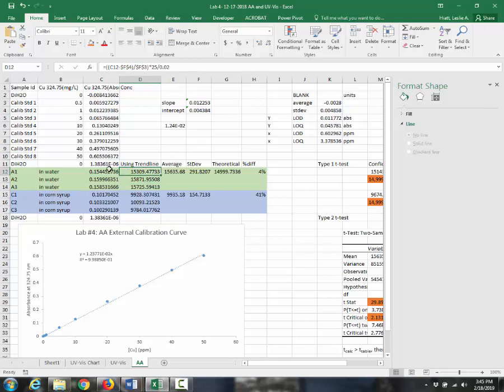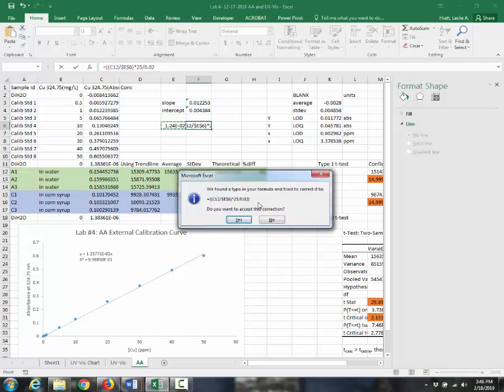Now if I wanted to do a very similar equation, but instead of using that slope and that intercept, I could copy this formula, paste the formula here, but instead of my slope and my intercept, I'm just going to do C12 divided by this value here, that being my slope, now times my dilution.